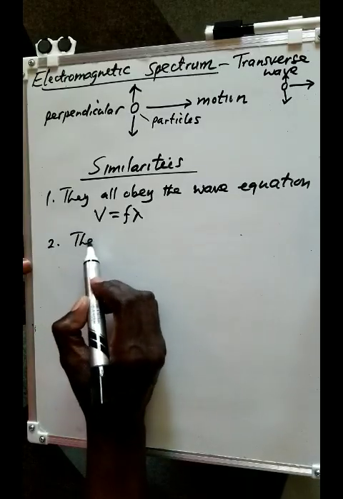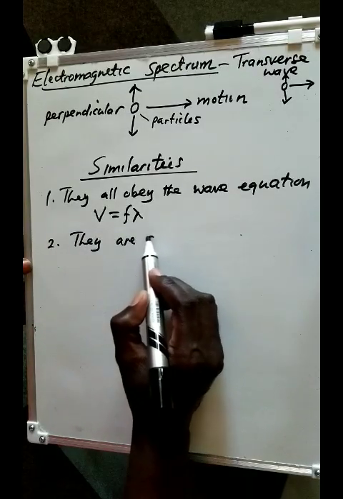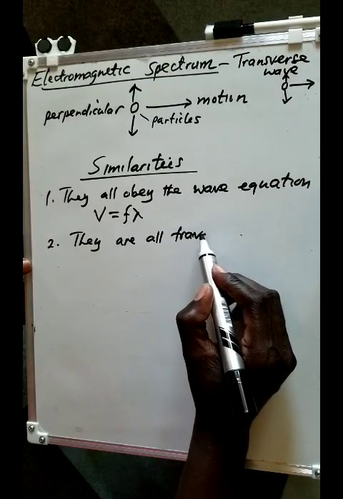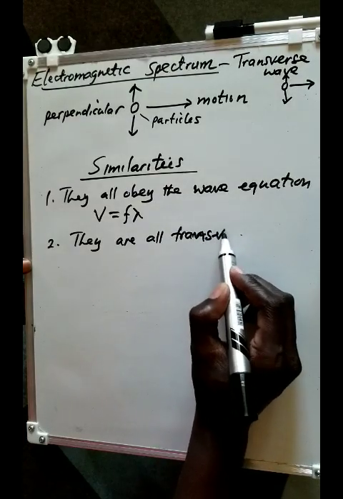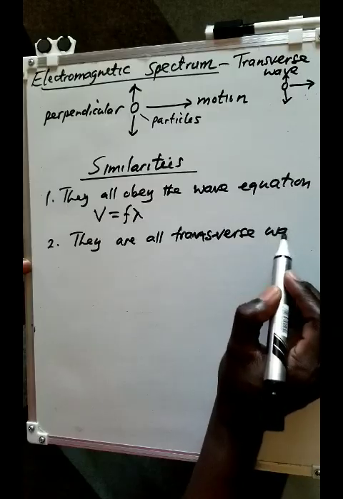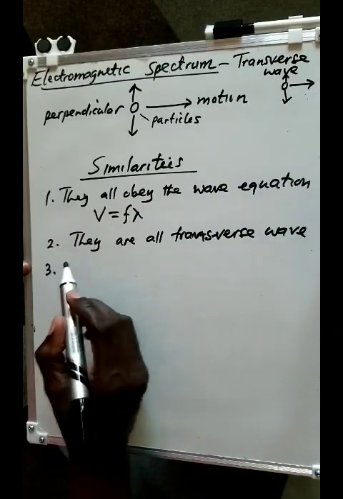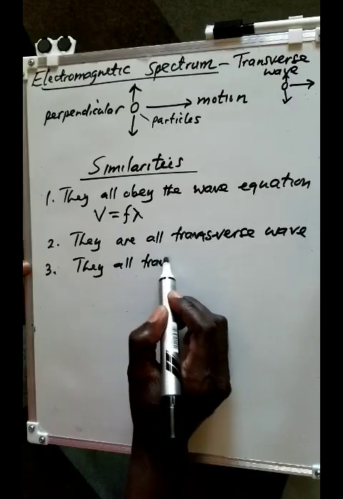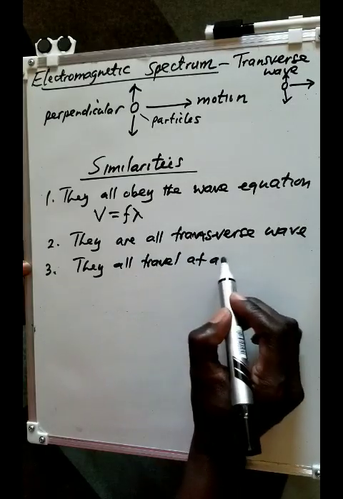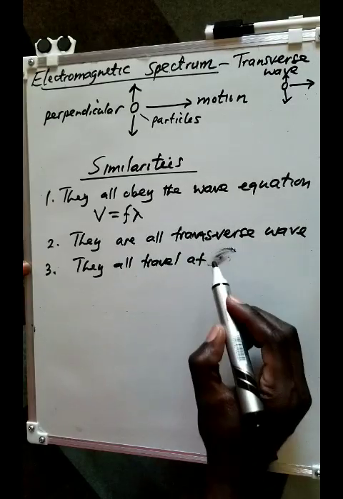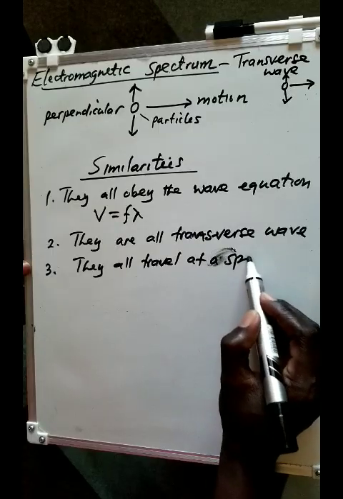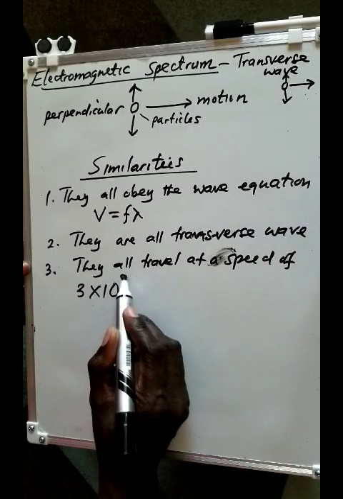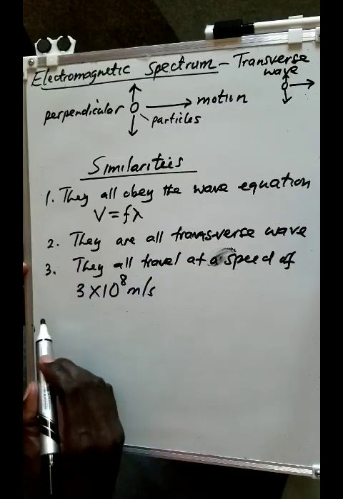Then we can say they are all transverse waves. Then three, they all travel at the same speed of 3 × 10⁸ meters per second.